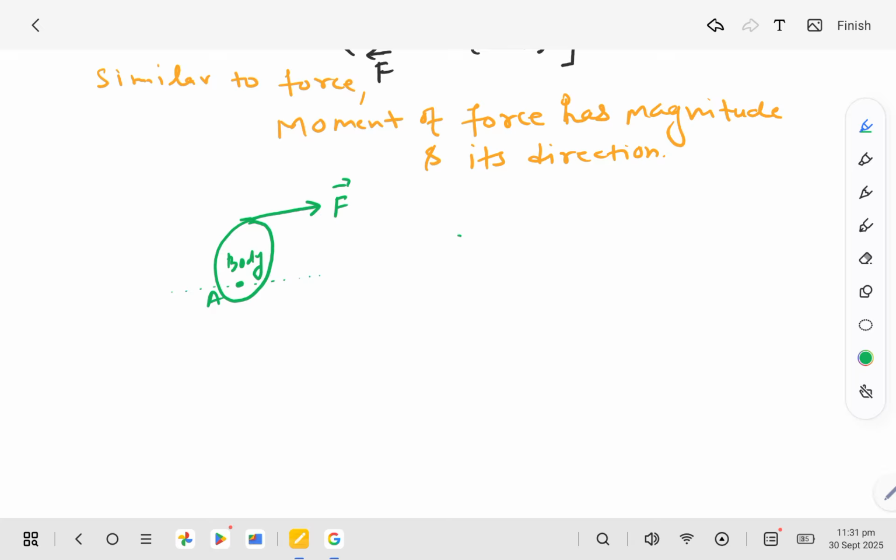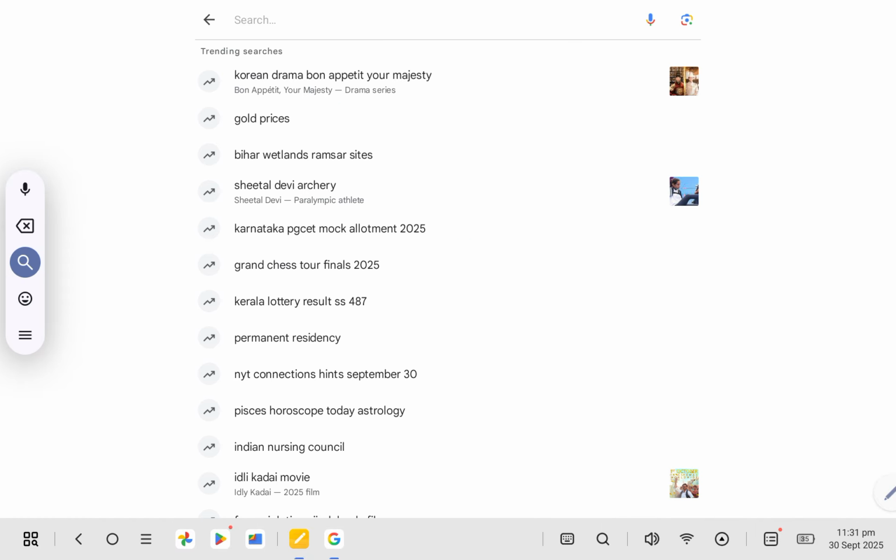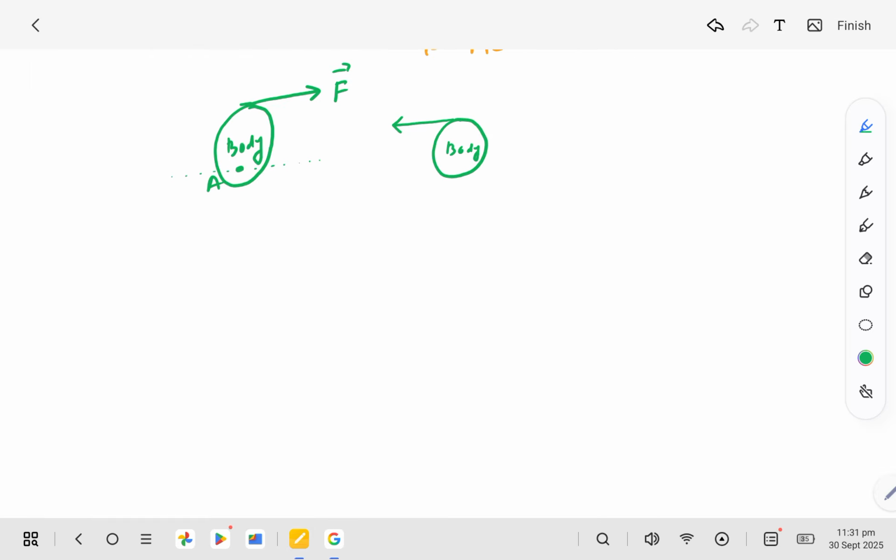Now the second case, same body. If I change the direction of the force, and the point is here, this is the point A here.